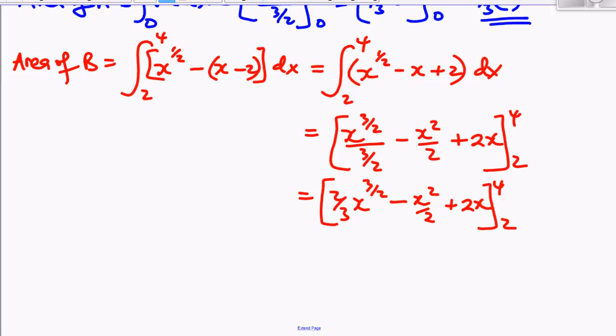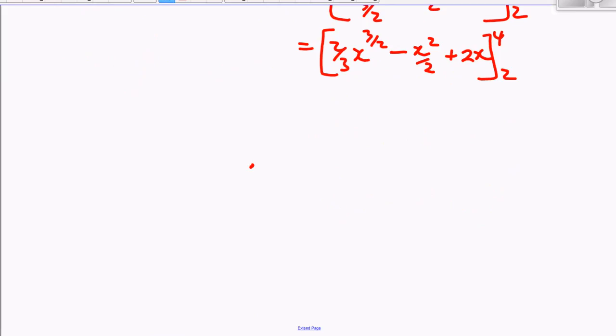Now, which means that our area will be, if we just increase more space here.